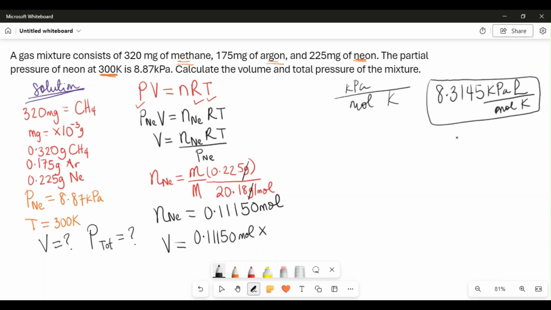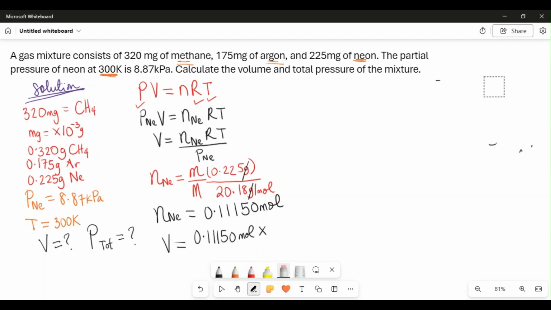We also have the gas constant 0.08206, which works whenever we're doing liters atmosphere divided by mole Kelvin. In this case, we're dealing with kilopascal, so the gas constant is going to be different. We only have two gas constants, and that's determined by the units given in the question.